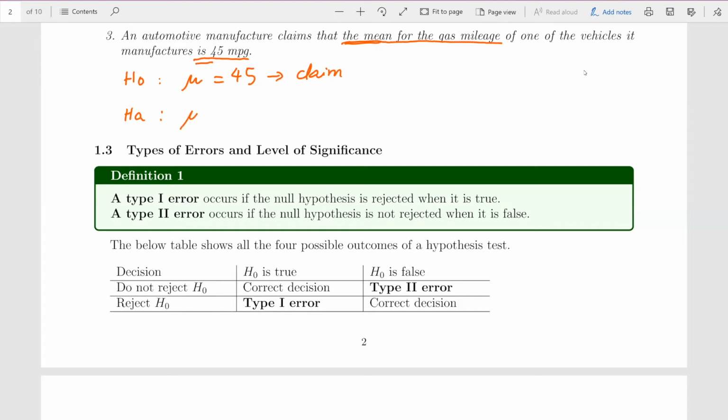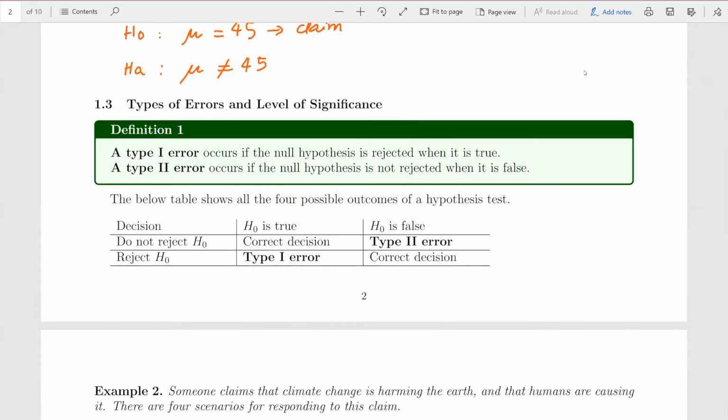And the alternative statement is that the mean is not 45. In words, the null hypothesis is the mean gas mileage of one of the vehicles it manufactures is 45 miles per gallon. And the alternative hypothesis is the mean gas mileage of one of the vehicles it manufactures is not 45 miles per gallon.